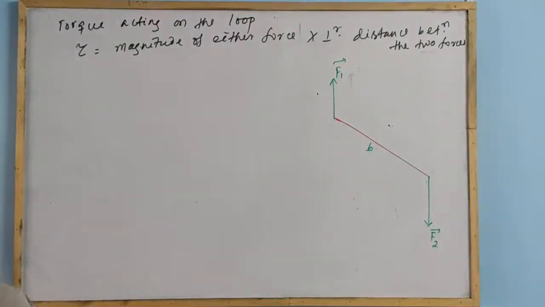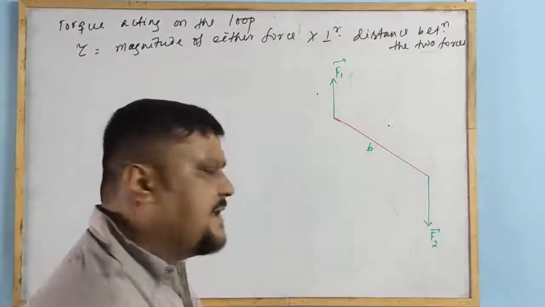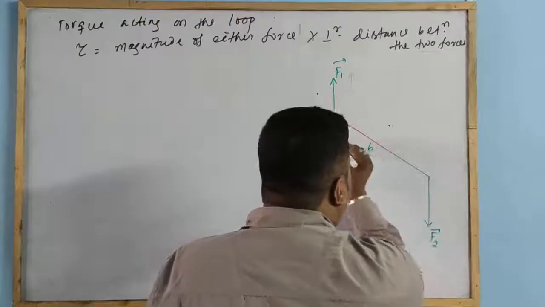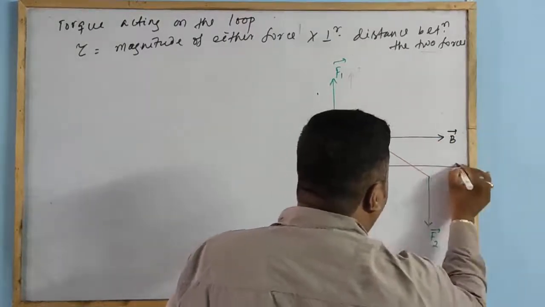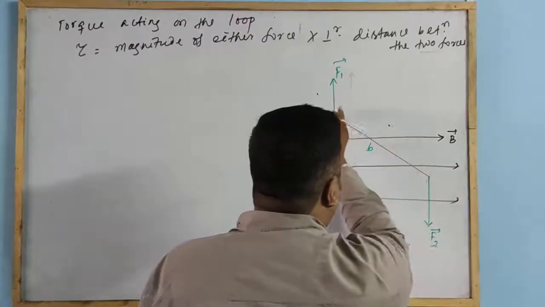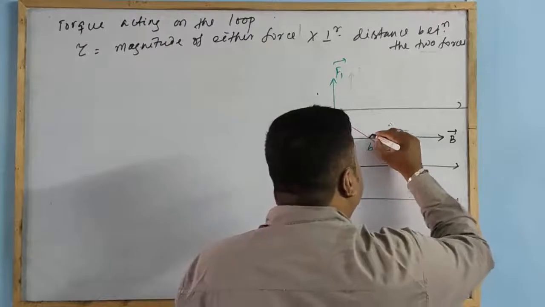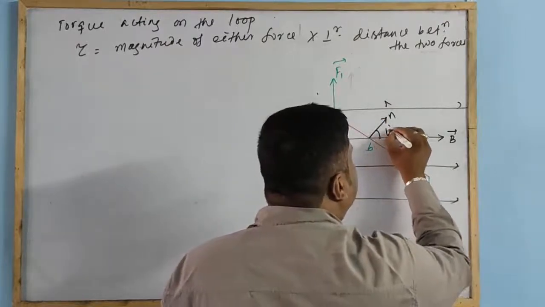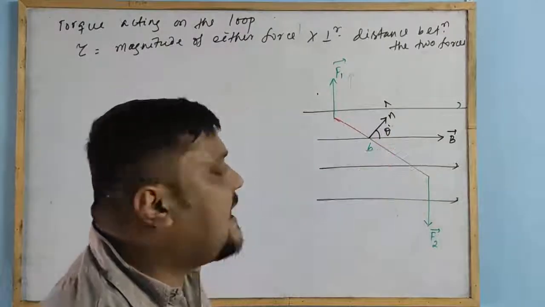Now, as you know, the normal of the loop makes an angle theta with the magnetic field. Suppose this is the uniform magnetic field B, like this. And this is the normal, which makes an angle theta with the magnetic field. Already you have taken that the normal to the loop makes an angle theta with the magnetic field.